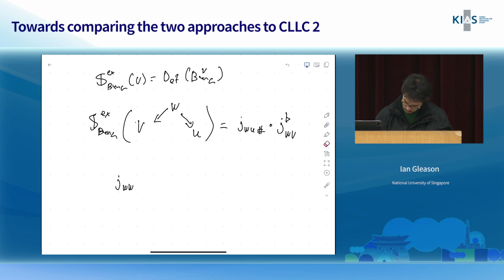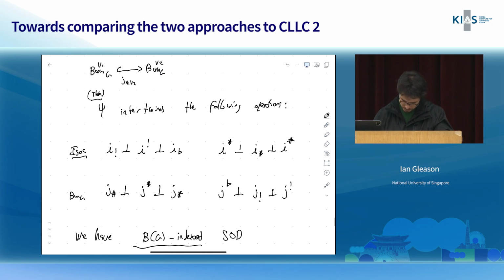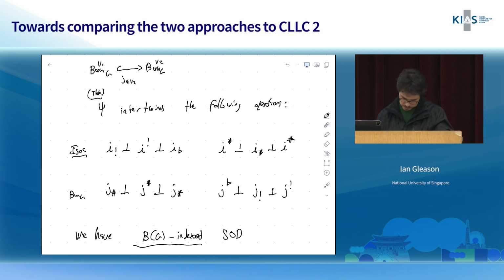What is JW sharp? If you believe in this table, sharp corresponds to shriek and flat corresponds to star. And maybe I told you that I already have this guy. If I want to get lower shriek out of lower star, I just take duality, right? I can do Verdier duality to get the other guy.